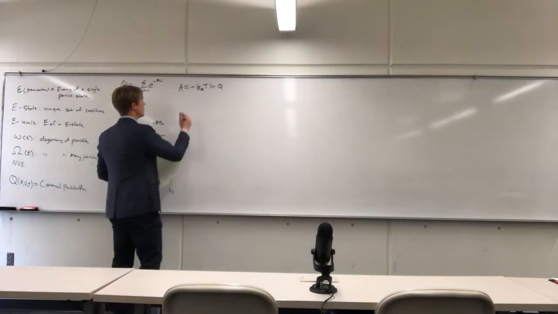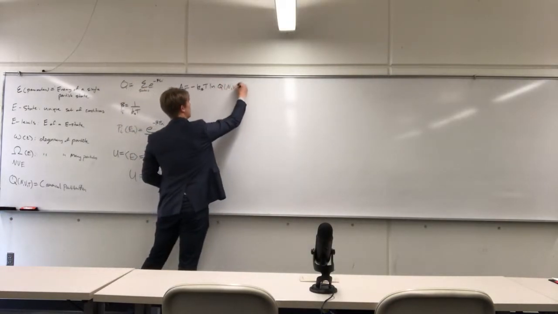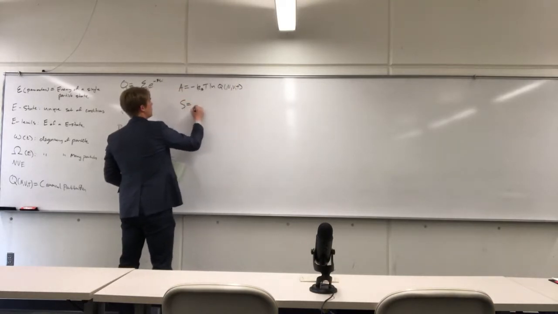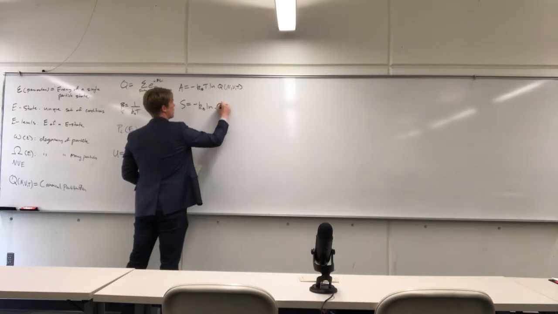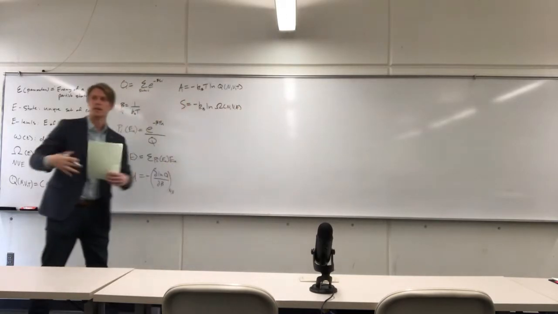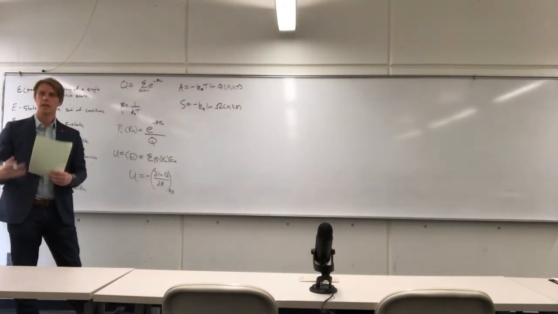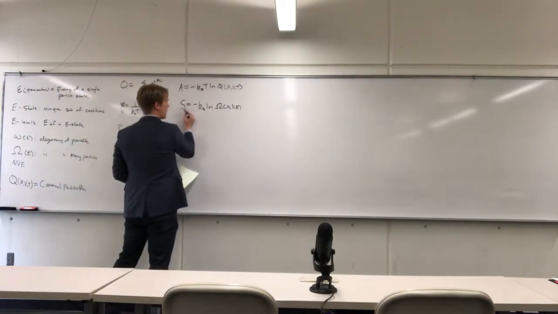Now in the case of the microcanonical, the entropy is equal to minus KB ln of omega in the NVE ensemble. And this is again exactly the same relationship that we have for classical thermodynamics, where maximum entropy is established.